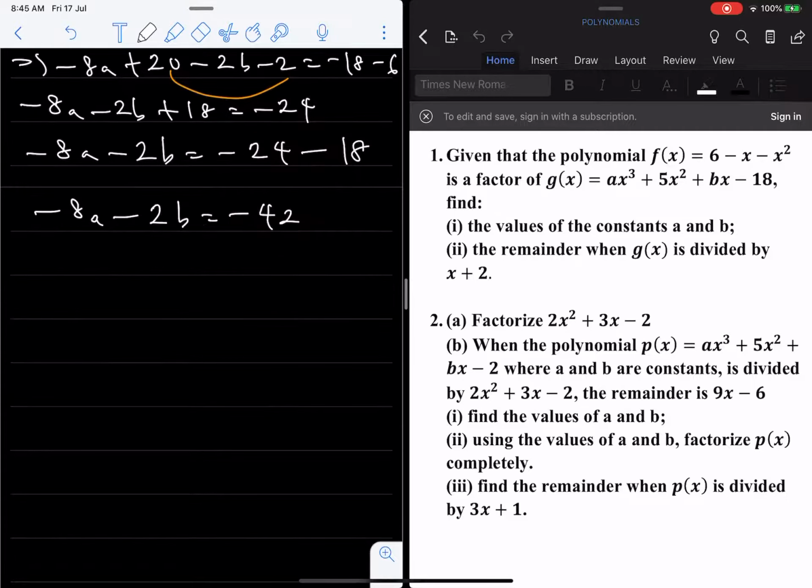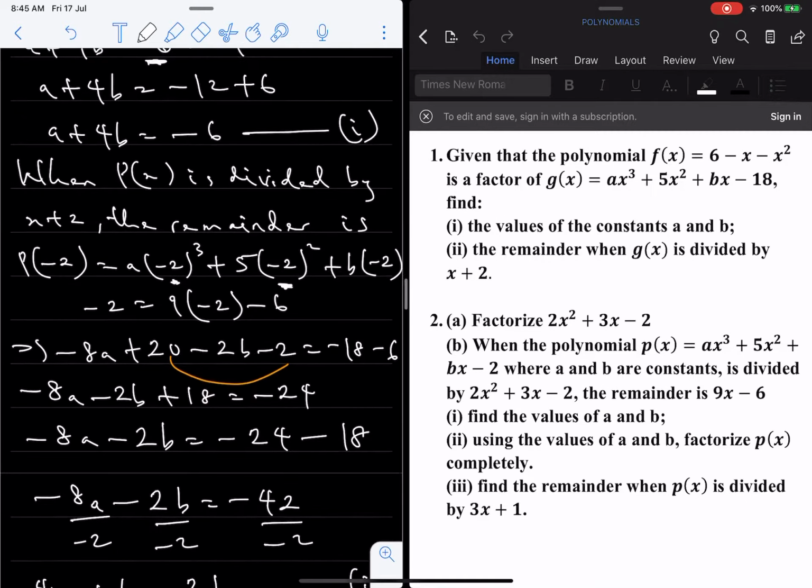And we can divide through by minus 2, which means 4a plus b equals 21. This is equation 2. Now we can solve equations 1 and 2 simultaneously.